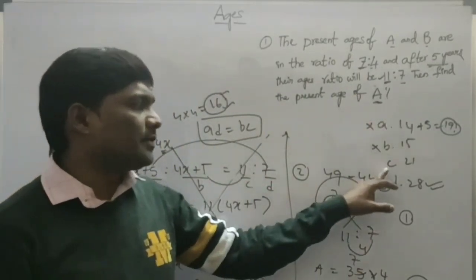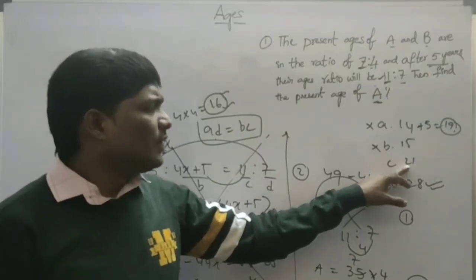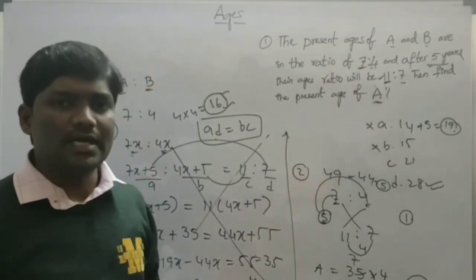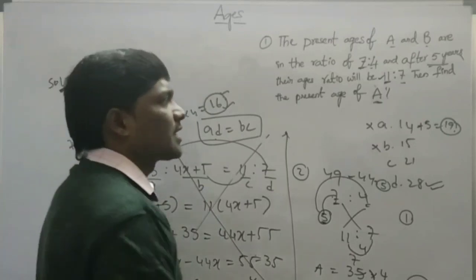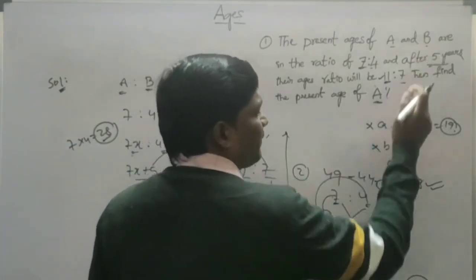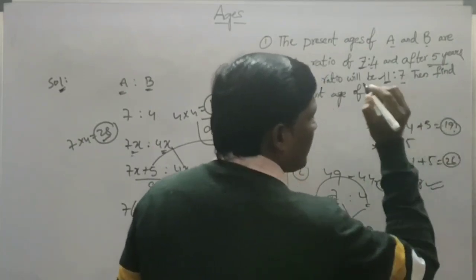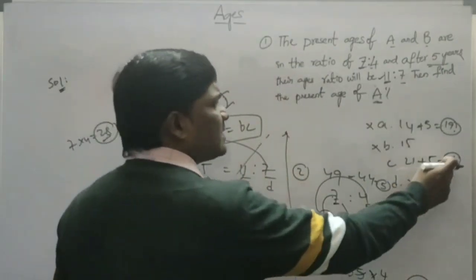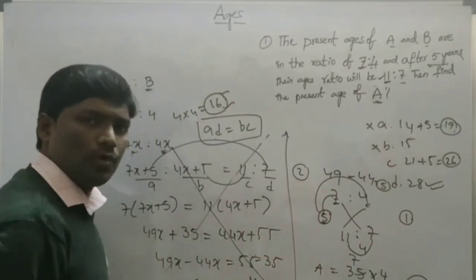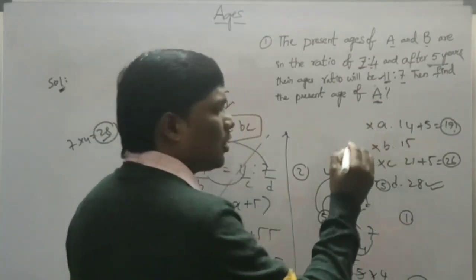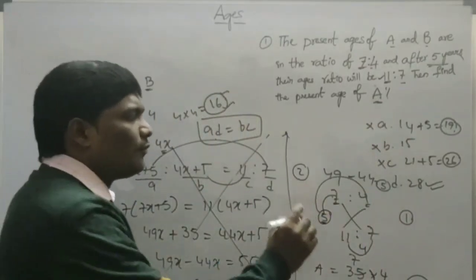Then go to the third option. 21. So is 21 a multiple of 7? Yes. 7 threes are 21. First condition satisfied. After 5 years, after means plus. So 21 plus 5, 26. Is 26 a multiple of 11? No. Option C is also a wrong option. Then go to the fourth option.